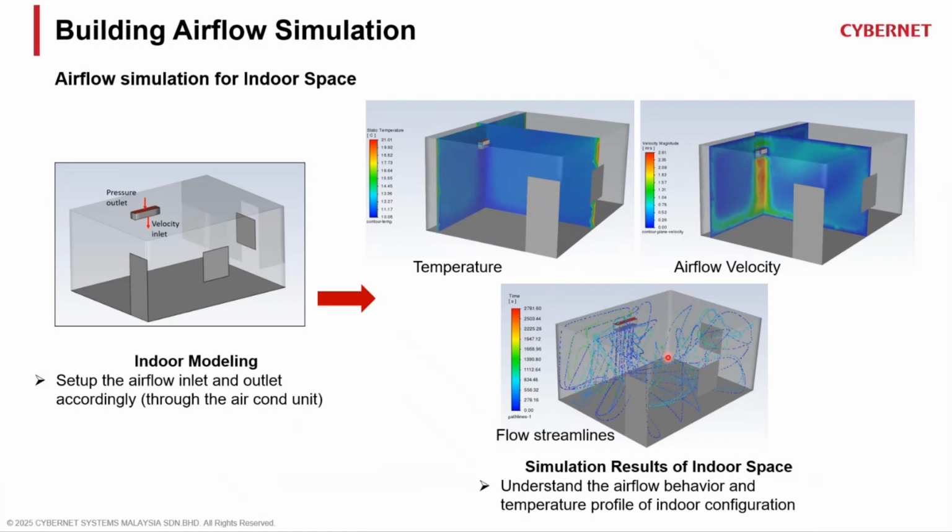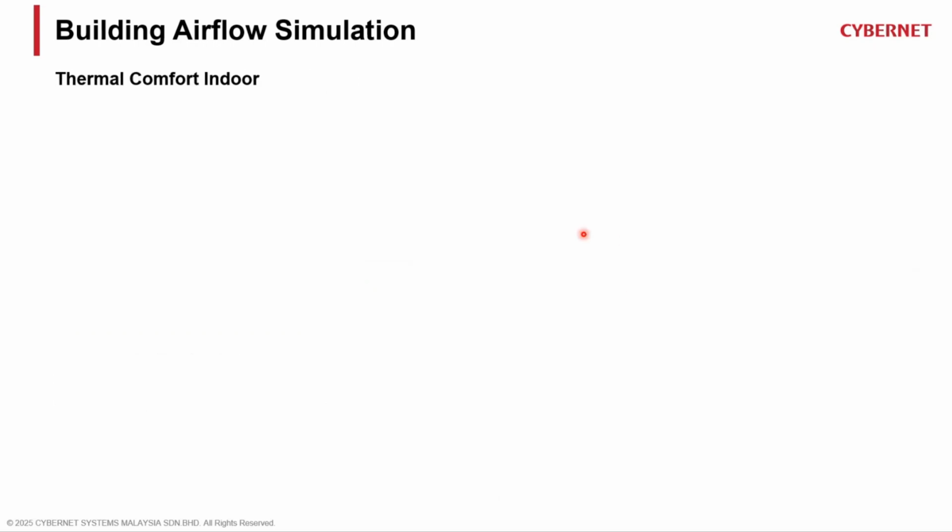You understand your airflow and the position of the aircon, and this is the flow, so maybe you can better position it if it doesn't reach a certain area. Then of course, indoors, aside from the machines in the data center, there are going to be people inside the room.